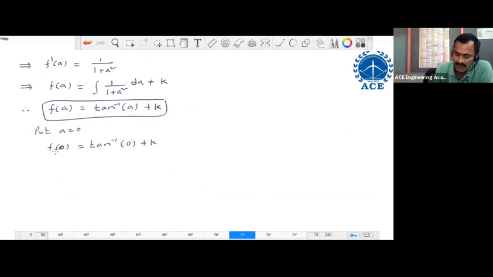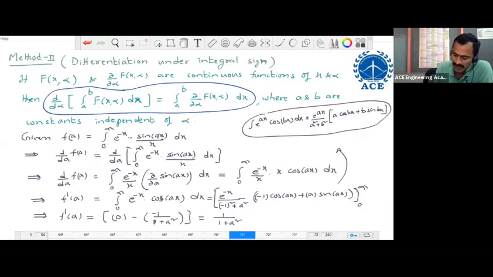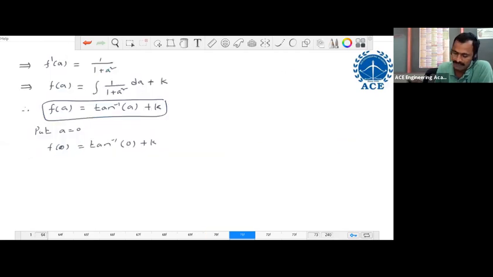Tan inverse of 0 is 0, and f of 0 means sine 0, which is 0, so the total integral is 0. Which implies 0 equals 0 plus k. Therefore, f of a equals tan inverse of a. Because the options are given, we can choose directly without finding this k value.